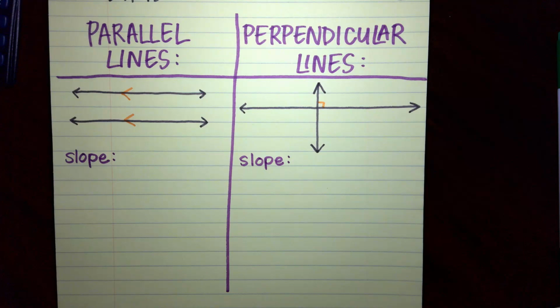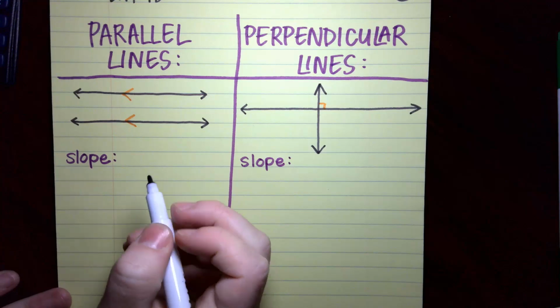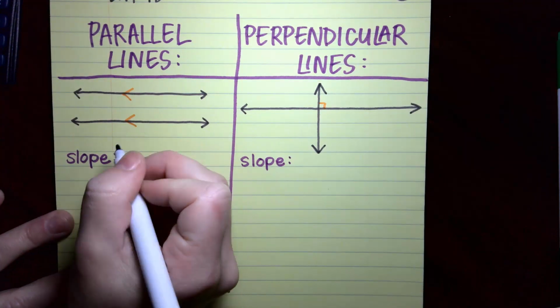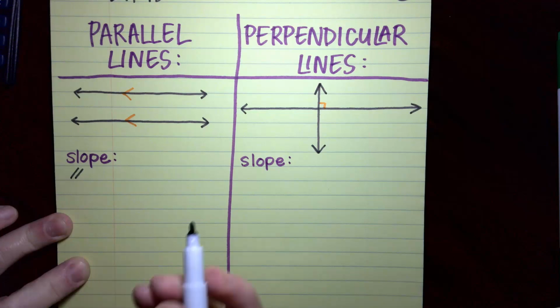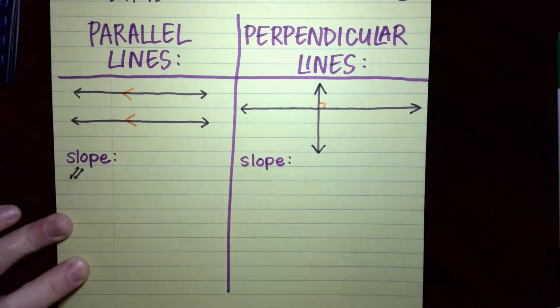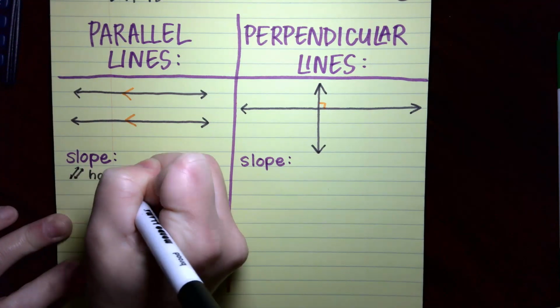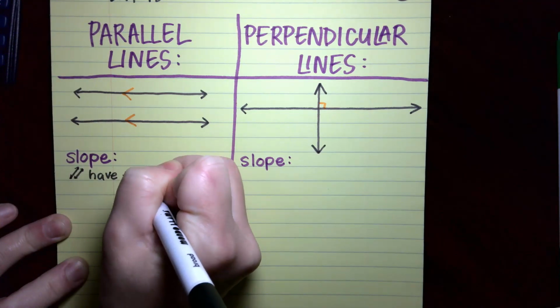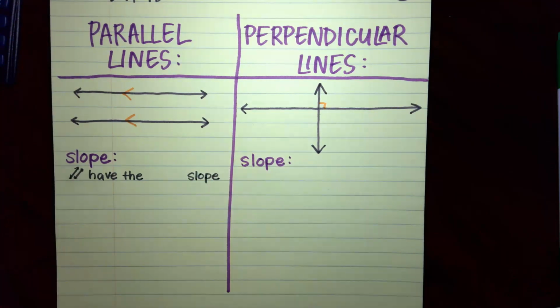And what do we know about the slope of parallel lines? The same. Yeah, so I'm going to write here under slope, I'm going to do these two lines for parallel, so I don't have to write the word out every time. Parallel lines have the same slope. And I left a space because I'm going to write it in green.